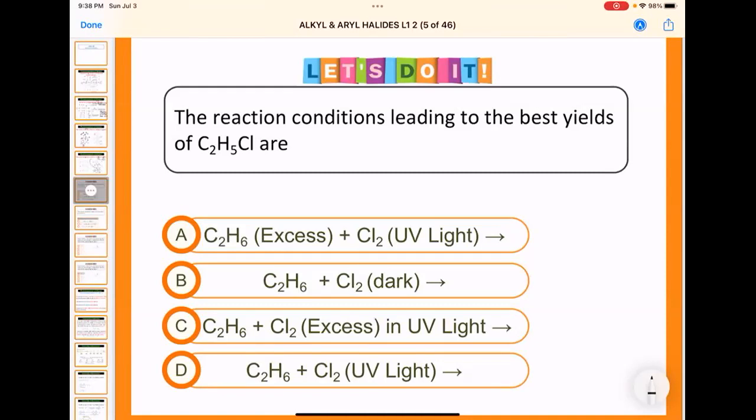But if you take option C, then what will be the answer? Tell me quickly. Carbon tetrachloride? Not carbon tetrachloride. You need to say some other word because this is not methane, this is ethane.